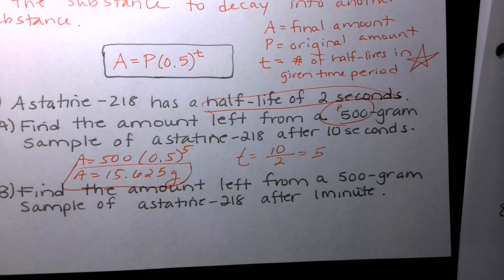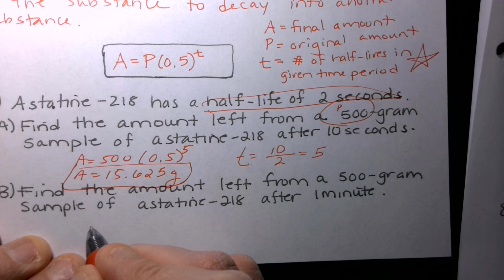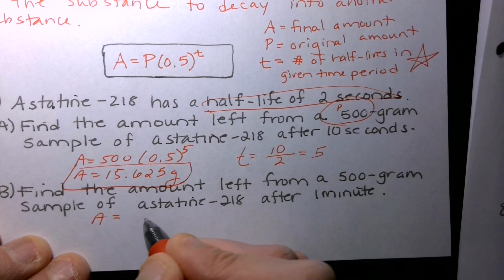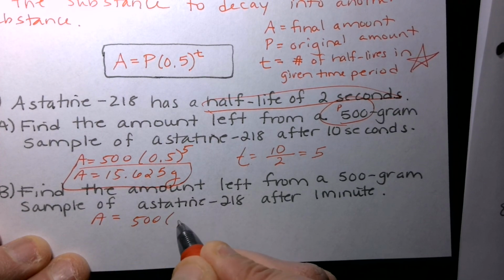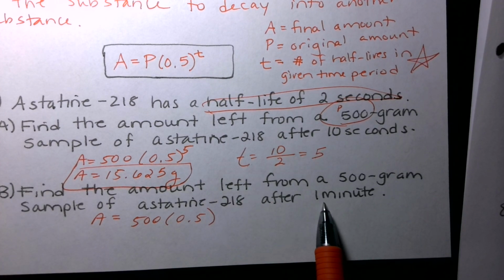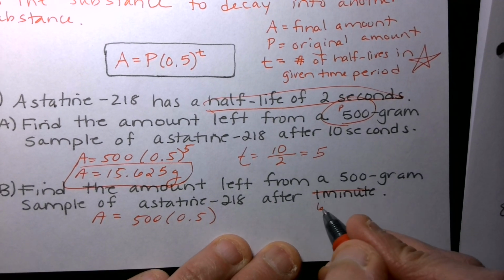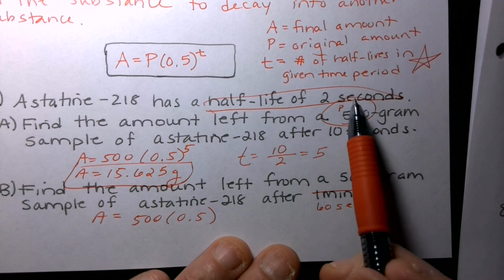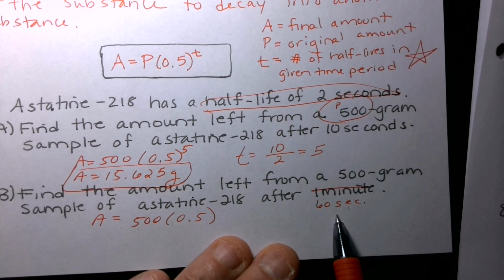All right, let's do the last one. Again, I challenge you to pause it, try it yourself, see if you got it right. All right, so the amount is still 500. So we're the same there, but it said this is now after 1 minute. So 1 minute is 60 seconds. You want to be talking apples to apples, seconds to seconds.